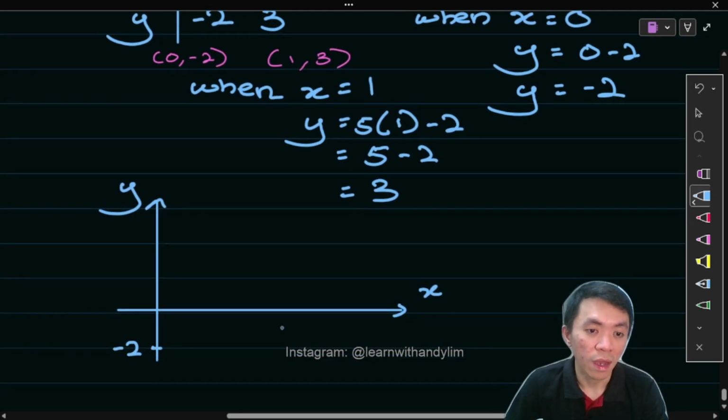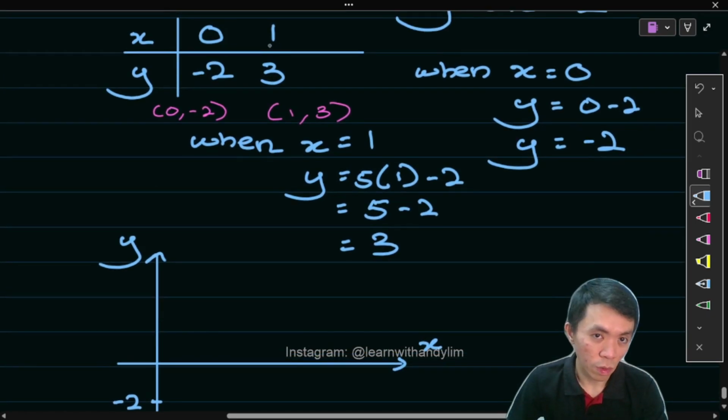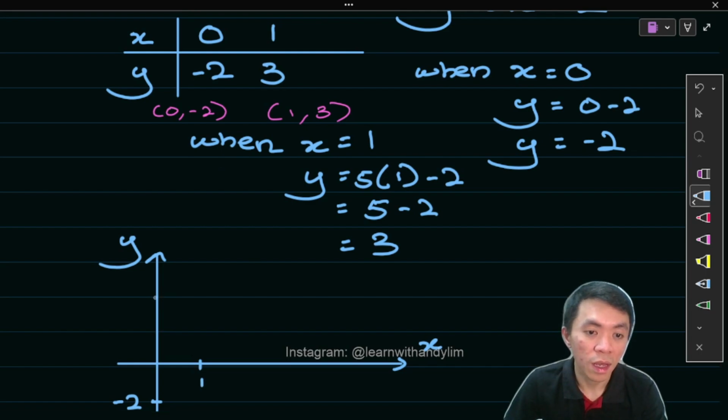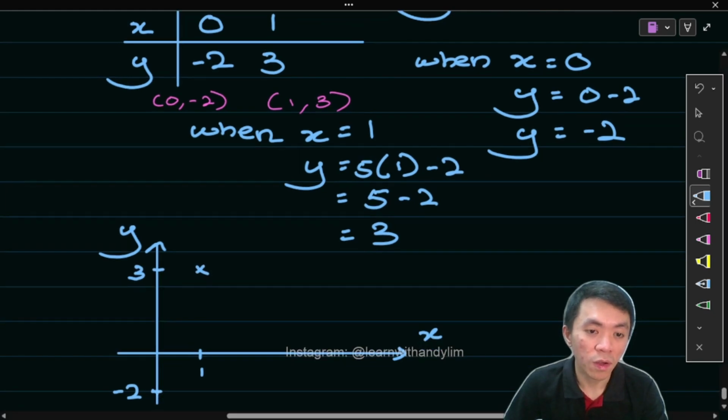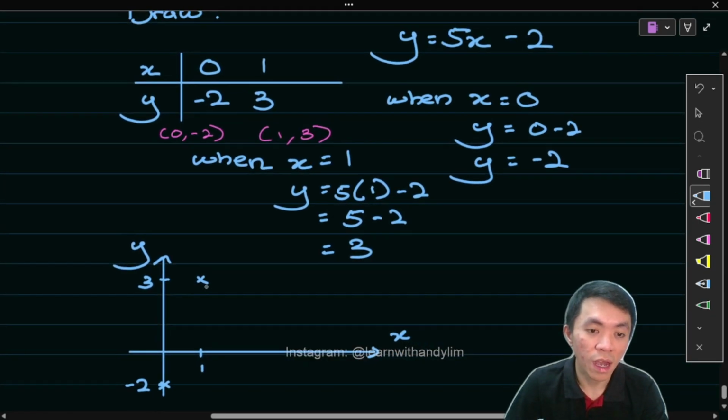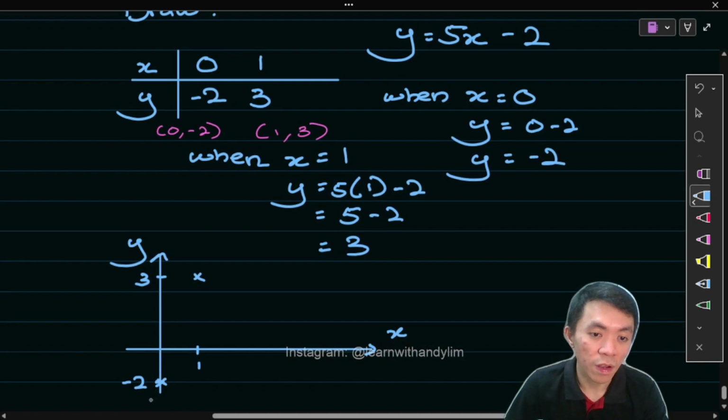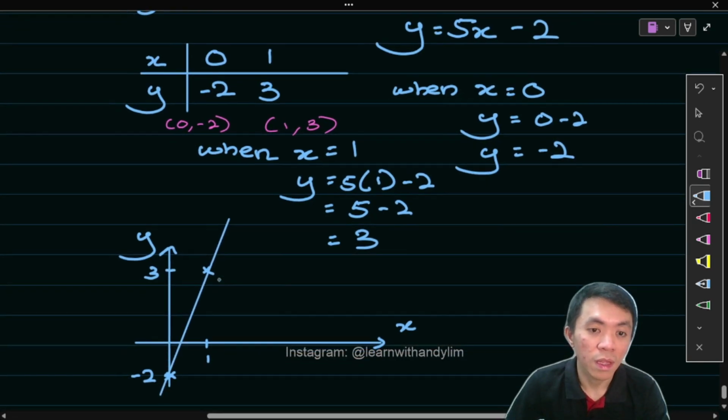Here we are. Next, when my x is equal to 1, my y is equal to 3. I'm just going to put it here. There we go. Once I have the 2 points, 0, negative 2 and 1, 3, I will just connect them.